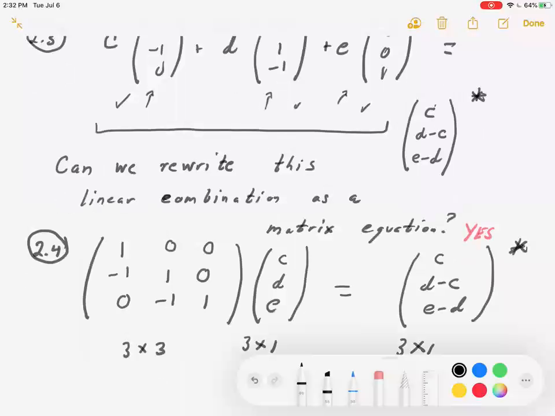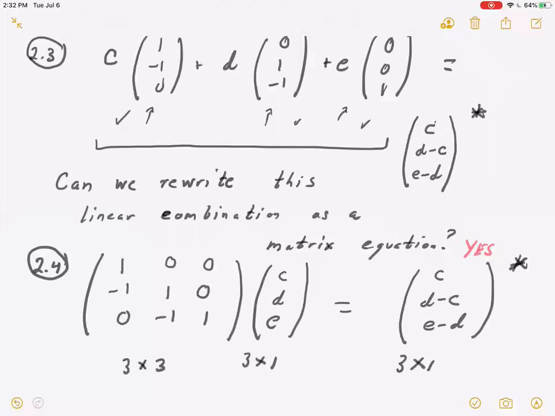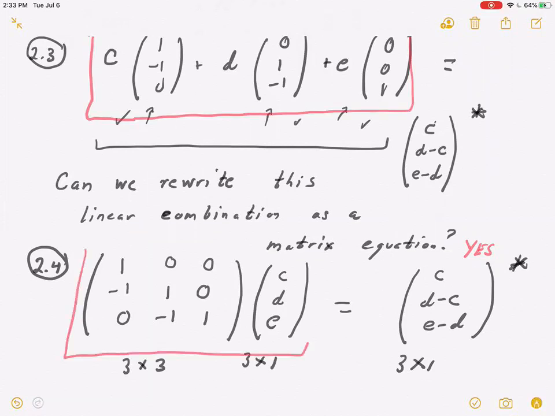So what have I gotten from all this work? I have shown that the left-hand side of equation 2.3 has to be equal to the left-hand side of equation 2.4, since in fact the right-hand sides are equivalent.